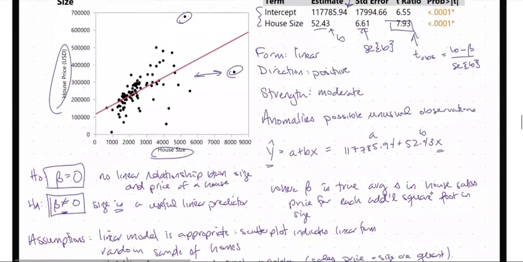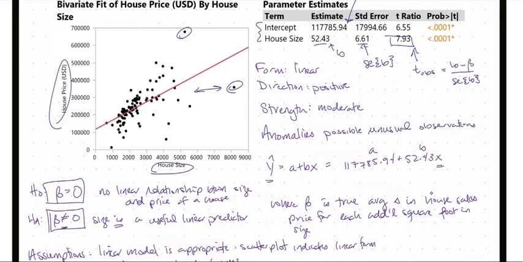So if we look in our JMP output, the probability that we get something greater than a positive 7.93 or less than negative 7.93 is a very, very small probability. In fact, our p-value is less than 0.0001.